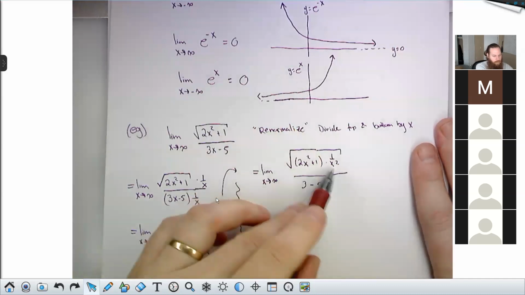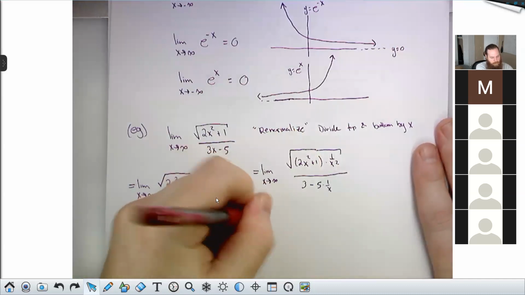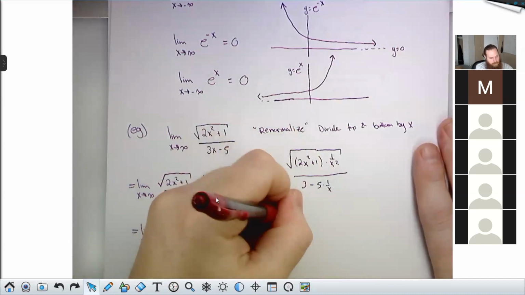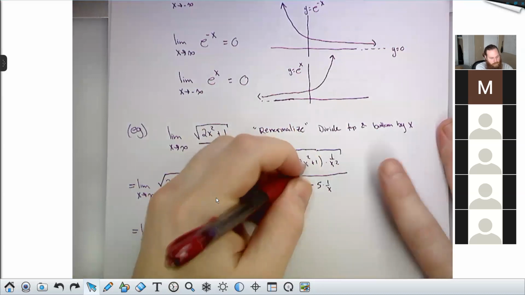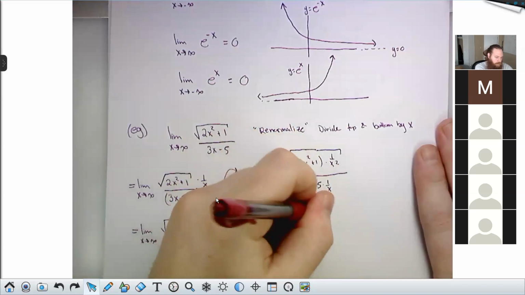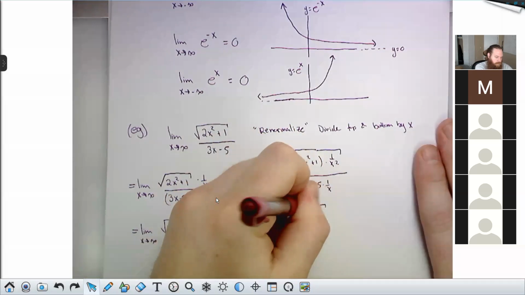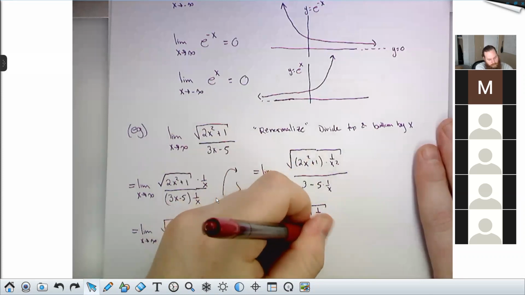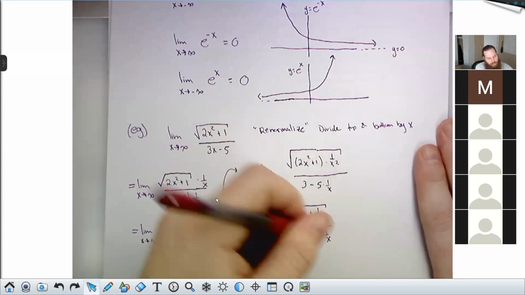When I distribute the 1 over x squared upstairs, I'll have the square root of 2x squared times 1 over x squared is 2, plus 1 times 1 over x squared is just 1 over x squared. And then downstairs, I still just have this 3 minus 5 times 1 over x.